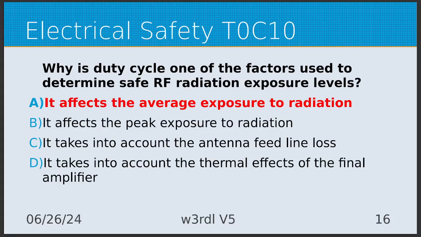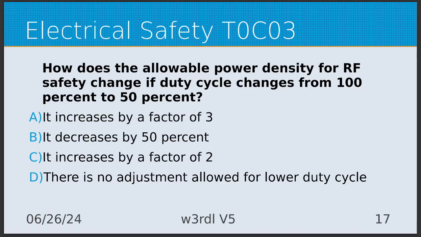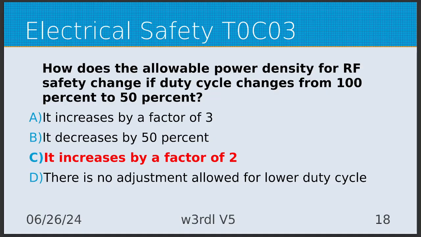Alpha, it affects the average exposure to radiation. How does the allowable power density for RF safety change if the duty cycle changes from 100% to 50%? Charlie, it increases by a factor of 2.